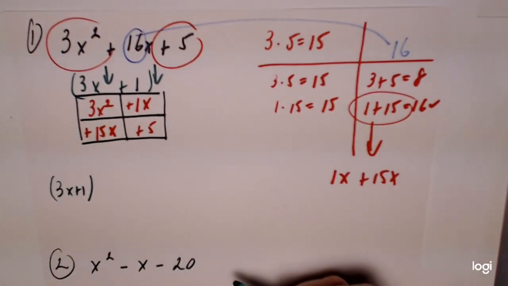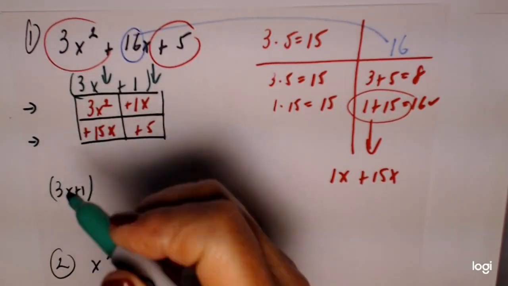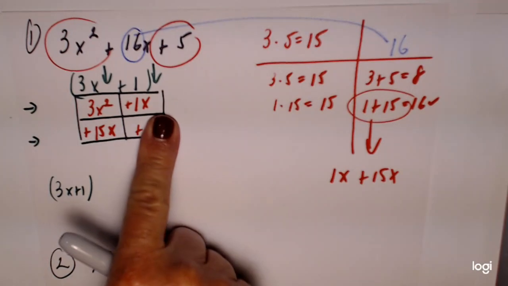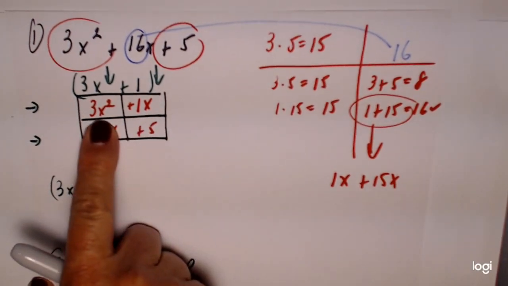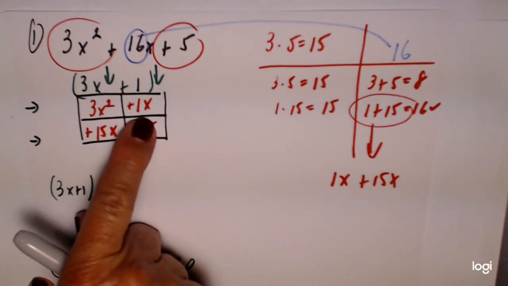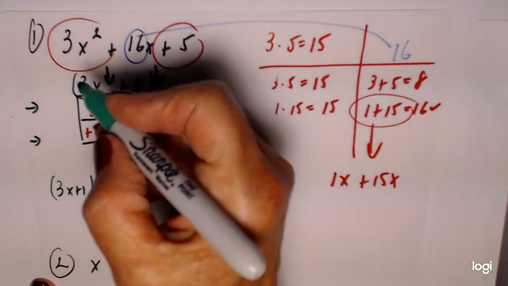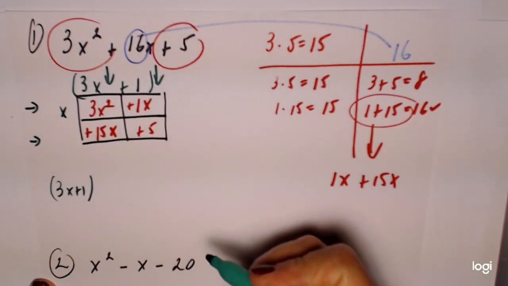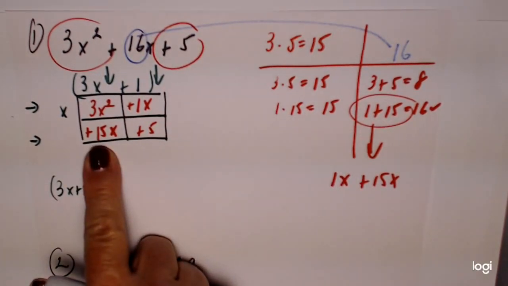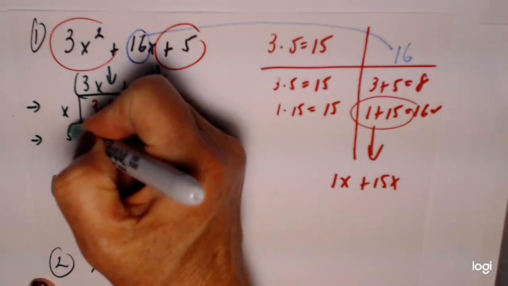Now we're going to do greatest common factor again, but this time we're going to go in this direction. So 3x squared and 1x. There's the coefficient, only thing in common is 1, x squared and x. Greatest common factor is x. And now 15x and 5. Greatest common factor is 5.